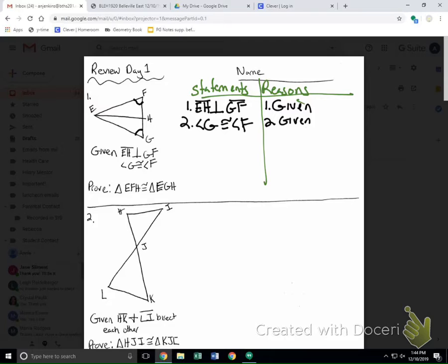If it is perpendicular, we know that it's forming what? So every time you're told that you have perpendicular lines, the next step is going to be that the perpendicular lines form right angles. Yep.